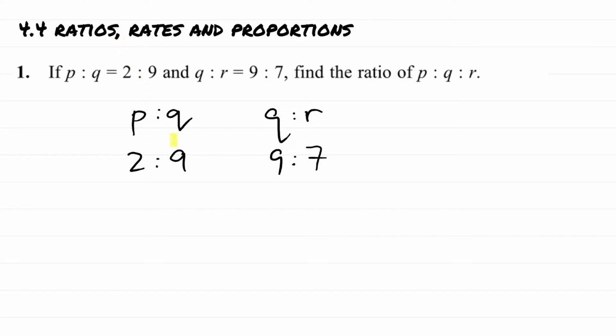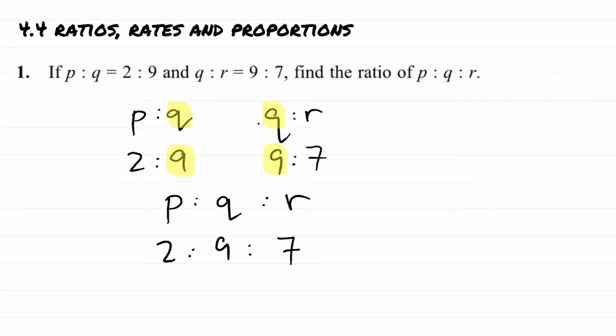If you notice, the unknown Q has an equal value. If the value is already equal, then it's easy for you. You just have to write it in one ratio. So P to Q to R is 2 to 9 to 7. That's it.